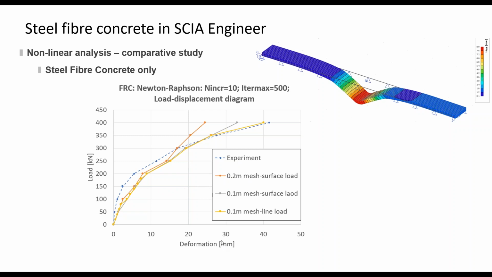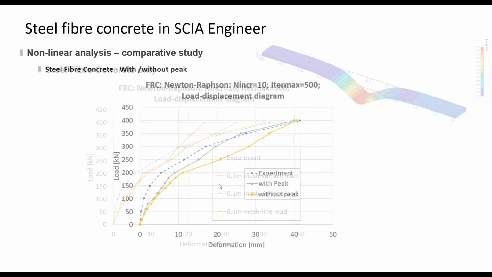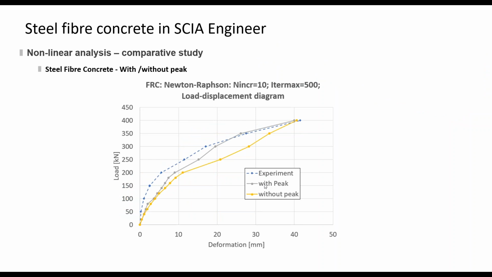As you can see from this diagram, this is the load-deflection diagram, with the result from reality and this from SCIA Engineer, and you see some influence from the mesh size. Also, we studied the cases with a peak value and without a peak value, and the result with the peak gives a result somehow close to reality.